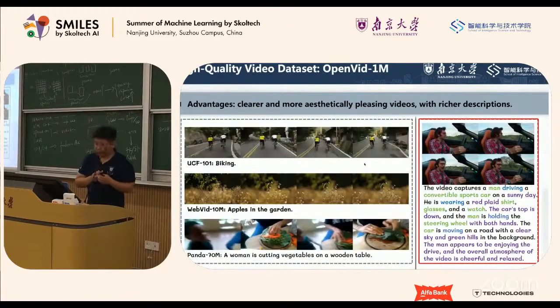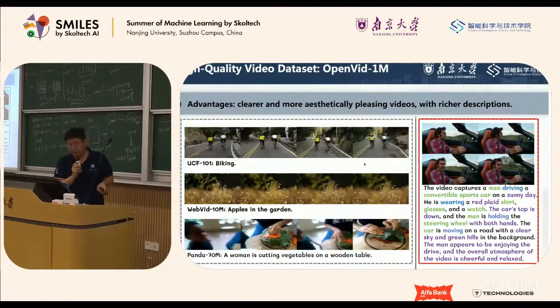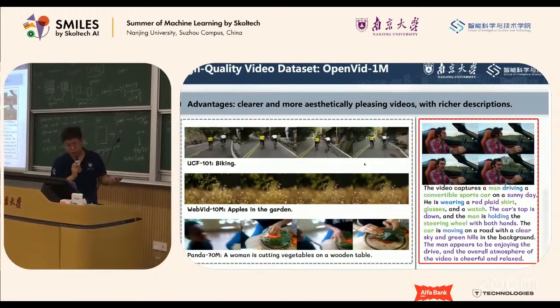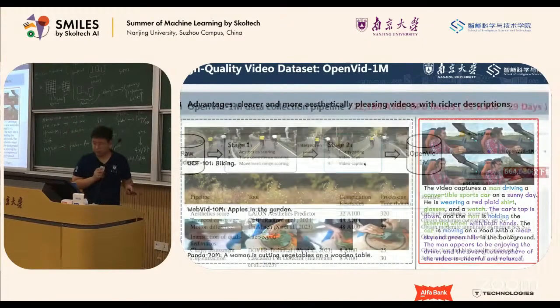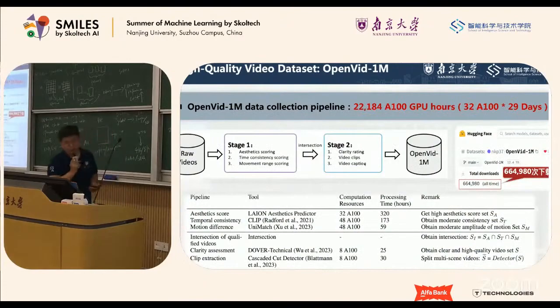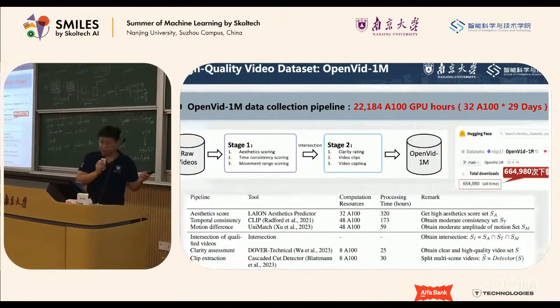In OpenVid-1M, we emphasize clearer and more aesthetically pleasing videos and richer descriptions. Unlike short generic captions, detailed descriptions cover subjects, actions, clothing, environment, and lighting, providing more precise semantics for text-to-video generation. And in OpenVid, we use a two-stage processing pipeline.